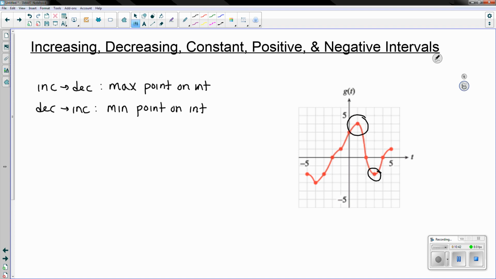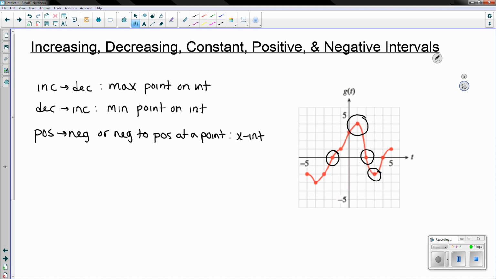And another thing you can come up with is, let's say we know a function goes from positive to negative or negative to positive at a point. If you go from positive to negative, like in this location, or negative to positive, like in this location, what you have just identified is where that change occurs. You have just found an x-intercept.